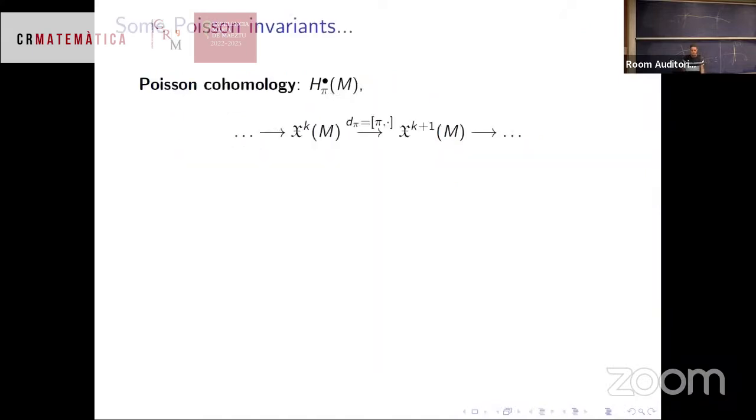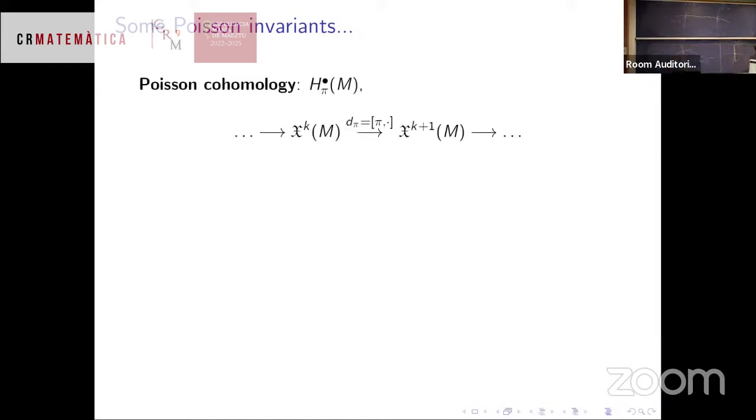Good. So let me mention just some invariants that one can define on Poisson manifolds. One of the basic invariants goes back to this paper by Lichnerowicz in the 70s. So we have this observation.